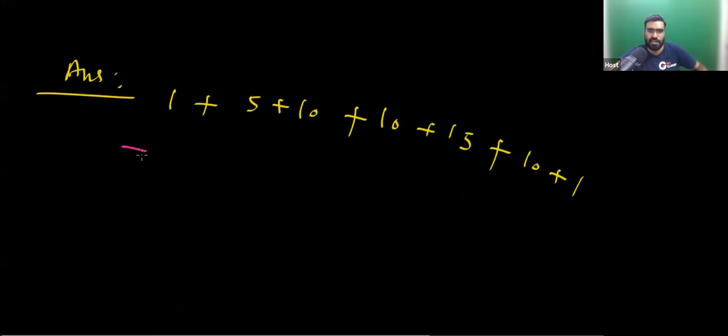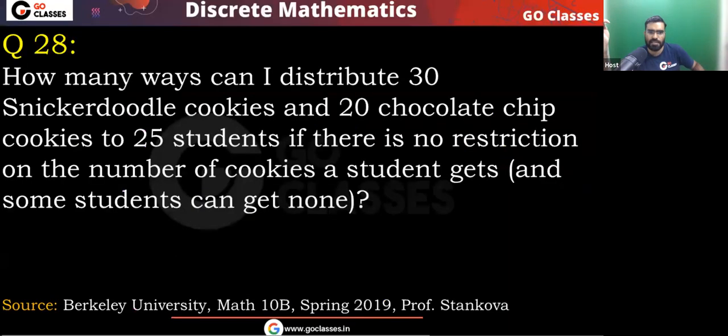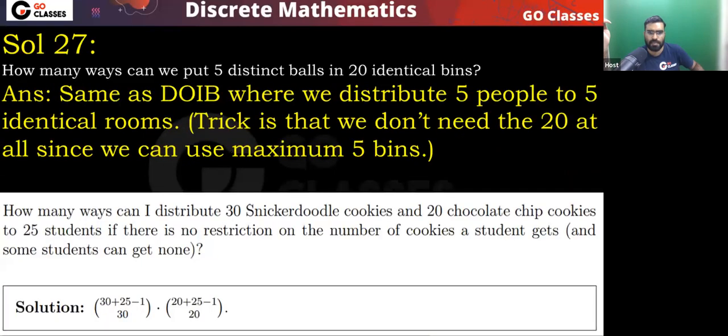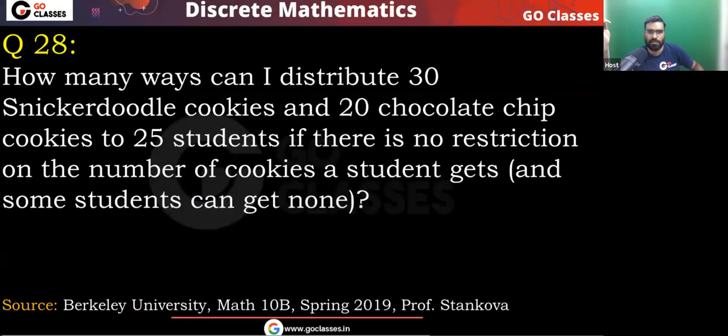This is your final answer. Tell me what is the answer? 10, 10, 10. So that is 30, 30 and 20. So that is 52. Your final answer will be 52. Is this point clear? Simple. The answer is 52.